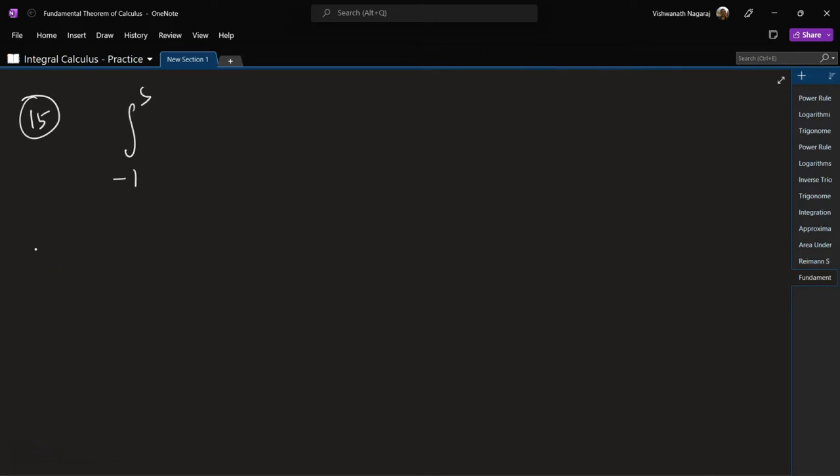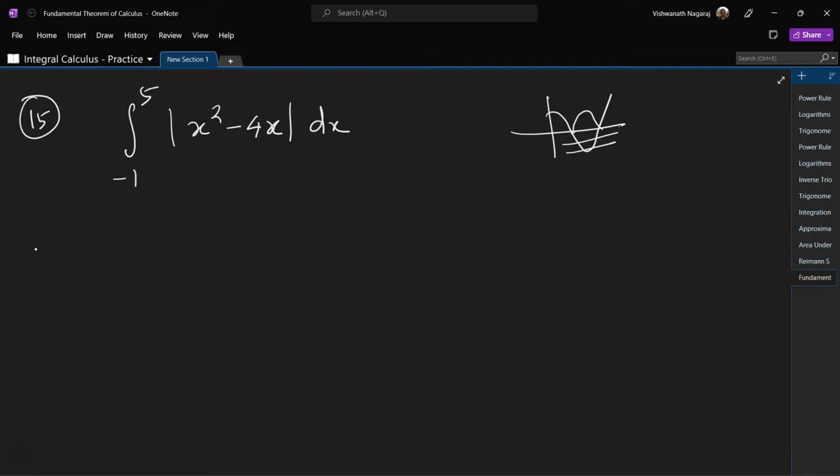15th one, integral minus 1 to 5 of the absolute value of x square minus 4x dx. Now this is a little bit tricky, the reason being that normally, if you have a curve which goes down the x-axis, if you take the absolute value, that actually comes on top, right?